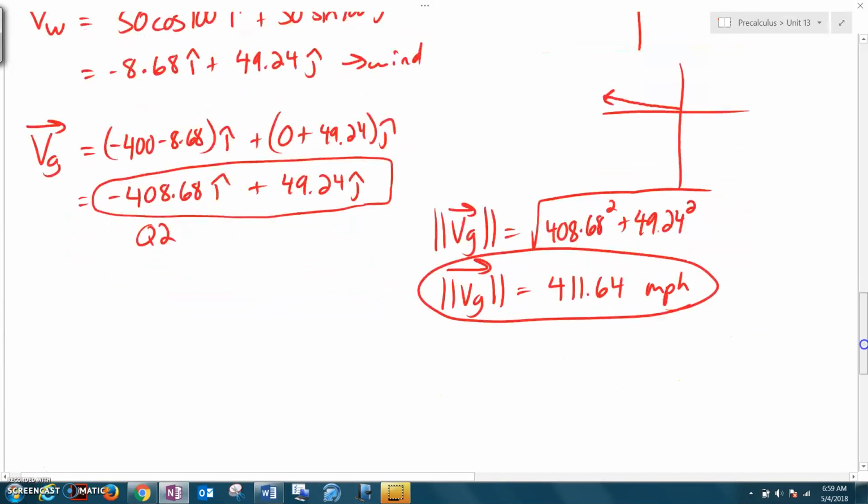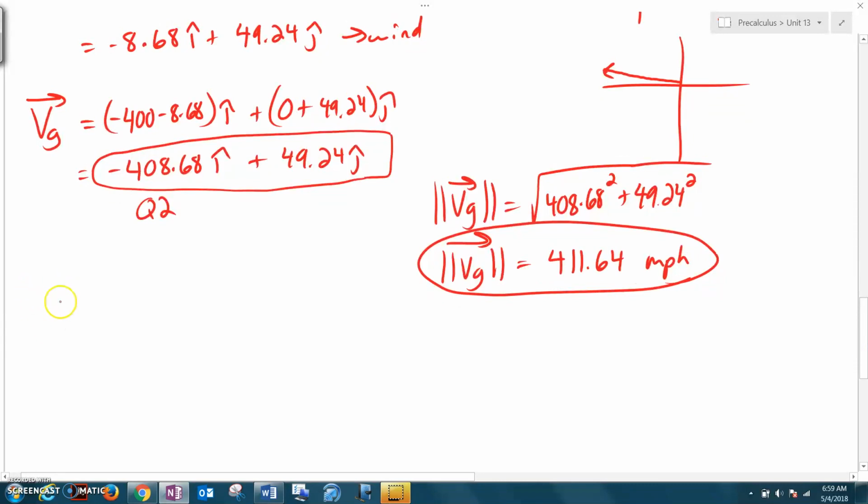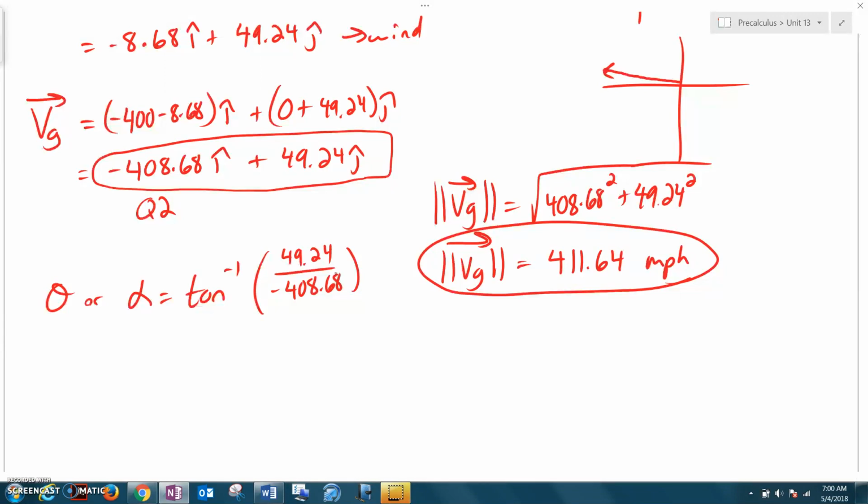And then the last thing we need to do is find the angle. So again, we can use theta or alpha equals tangent inverse. I know they use alpha, so I'm going to start throwing that in more, but really just think back to the formula we use for theta. So it's 49.24 over negative 408.68. When you type that in, you're not going to get the correct answer yet, because we get an angle of negative 6.87 degrees.